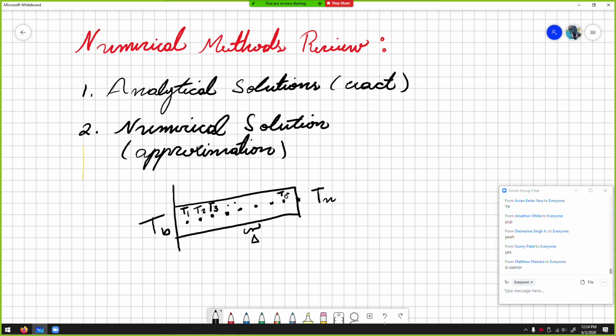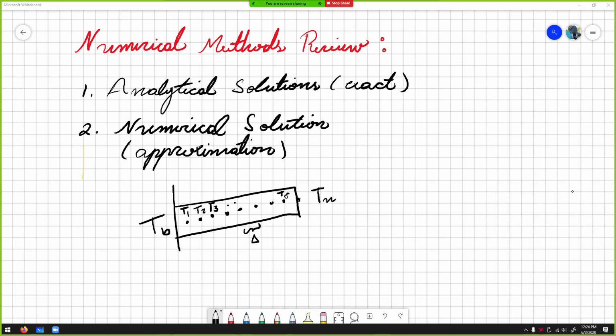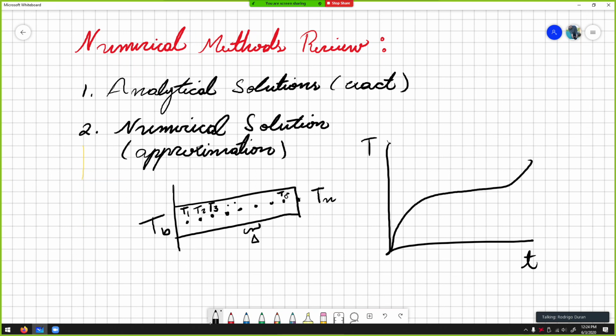So instead of coming up with an equation that tells me how the heat transfer is happening in this bar, something that says, oh yeah, the heat transfer is going to happen like this, like imagine this is time, this is temperature, it's something like this. This is your function of temperature with respect to time.